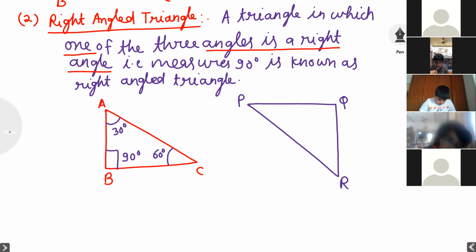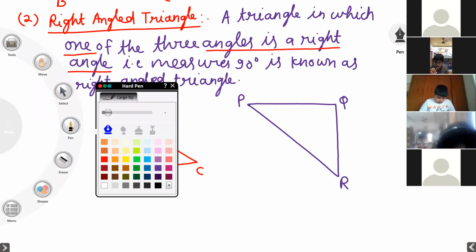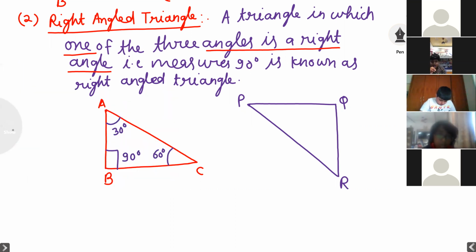PQR: angle Q here is 90-degree, 70, 20-degree. If one angle is 90-degree, that is called right angle triangle.